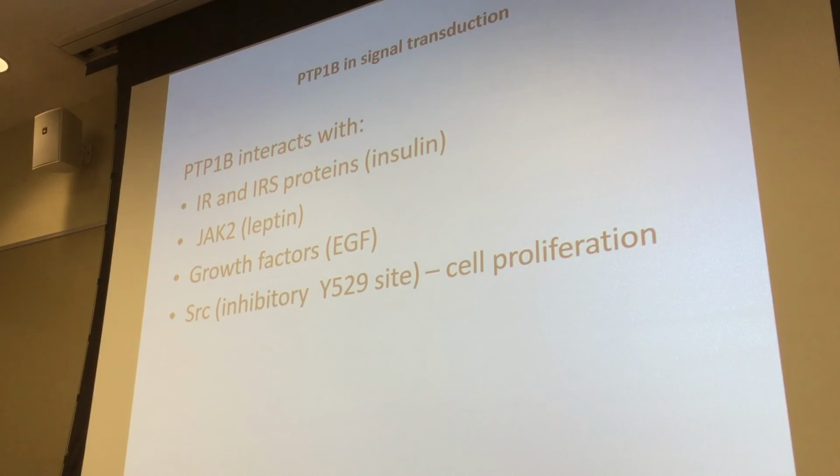We've got our JAK, which is our Janus kinase, in response to leptin. This is going to interact and allow the phosphorylation on the tyrosines to signal. Our growth factors and our SARC.